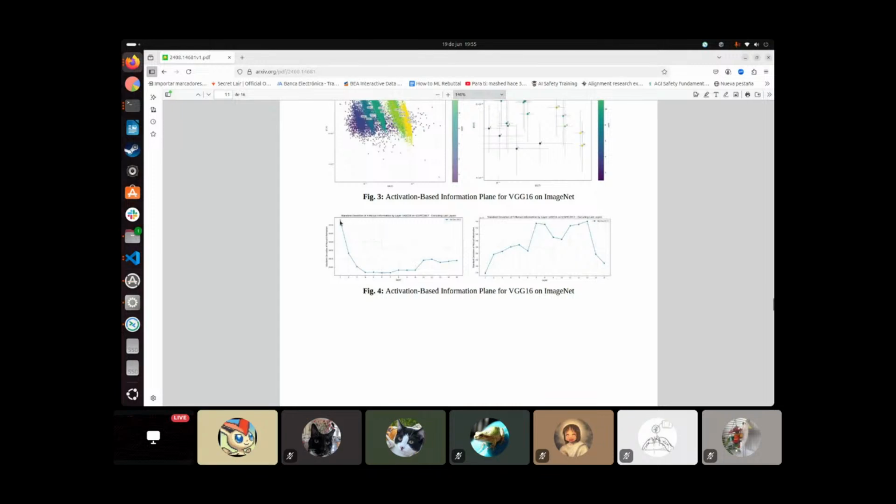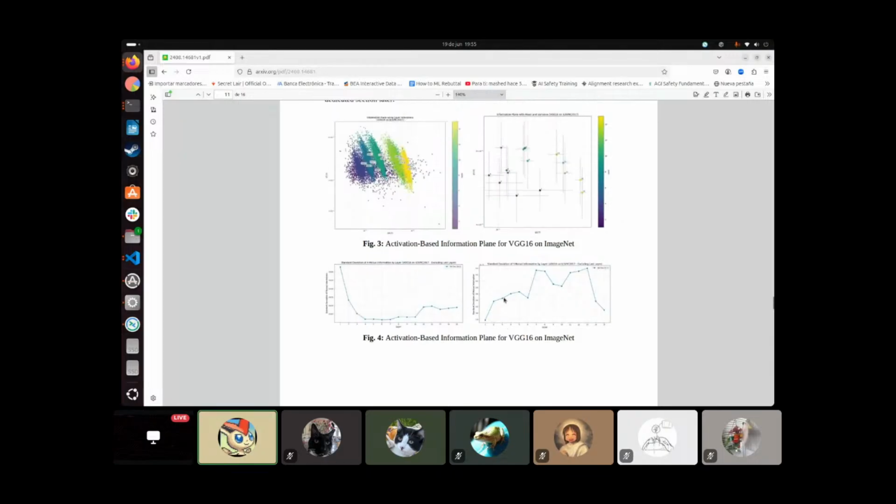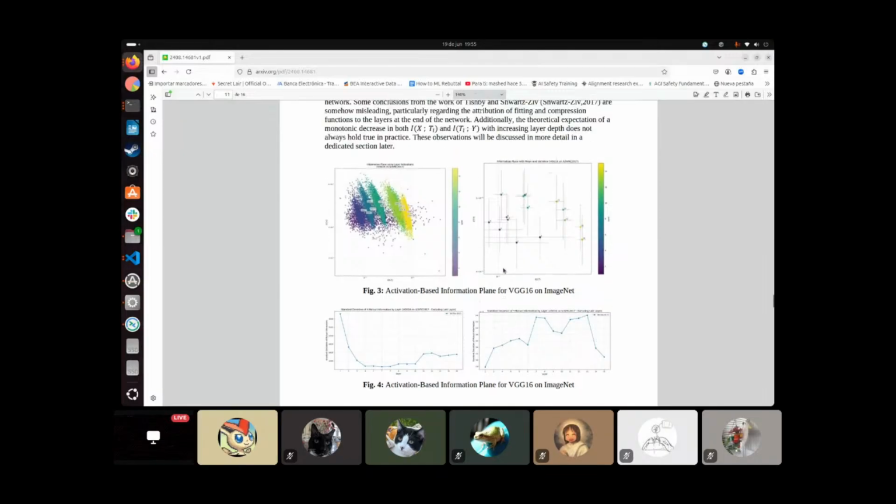So yeah, this makes sense: the mutual information with the input decreases, like as they were saying, and the mutual information with the output increases, and then decreases for some reason. Wait, this is standard deviation, though.